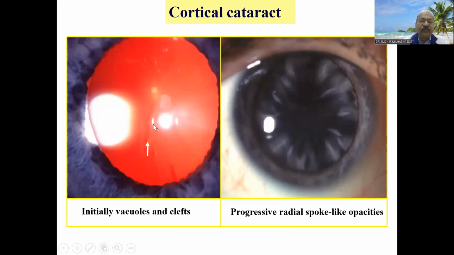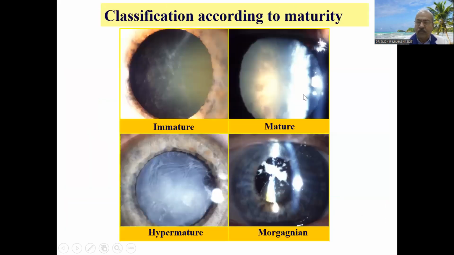These are some pictures where a few vacuoles are formed in the very initial phases, but the fluid or water which enters the lens converts the soluble proteins into insoluble proteins, and such cortical spokes are formed in the initial phases, but ultimately the whole lens is going to become opaque.